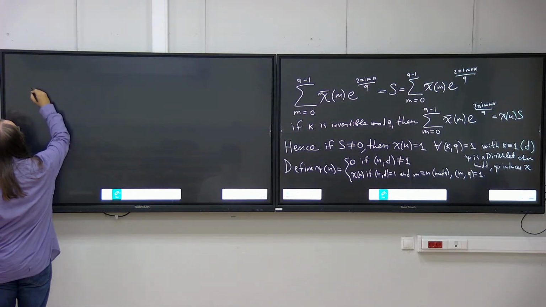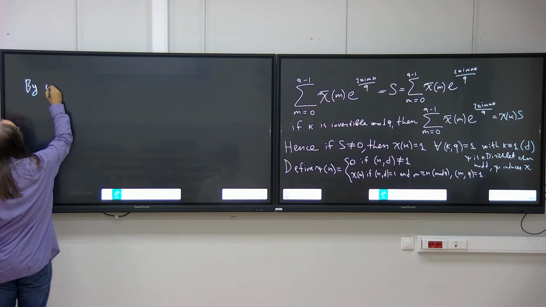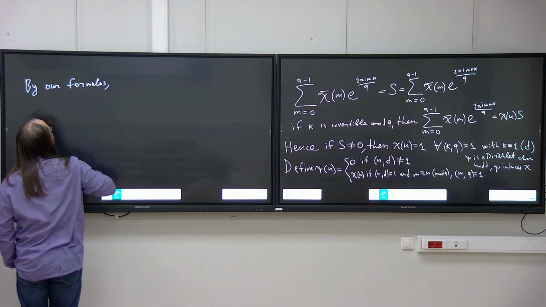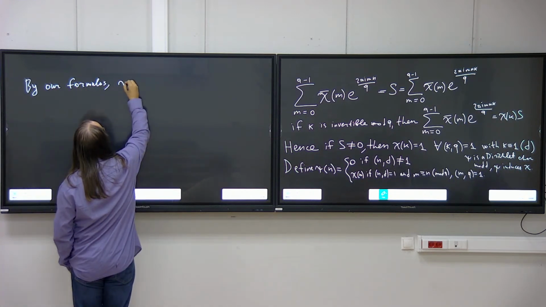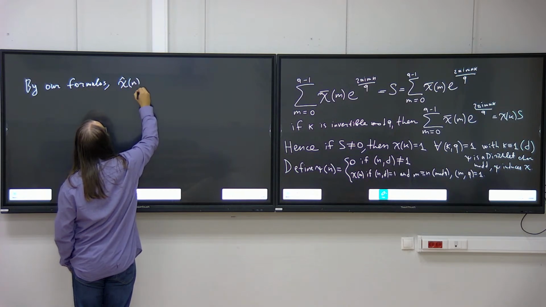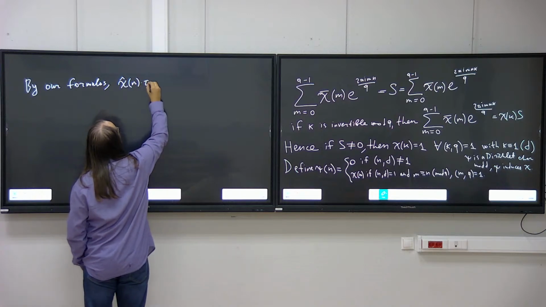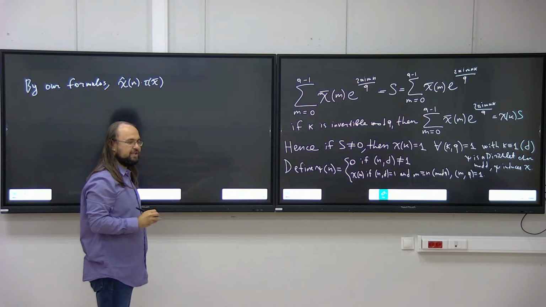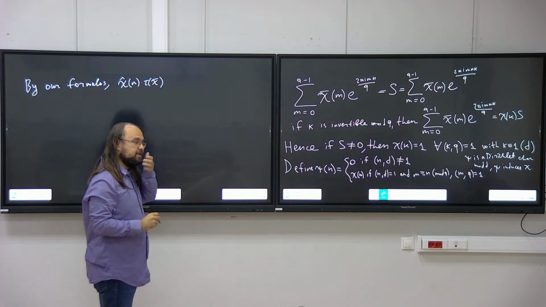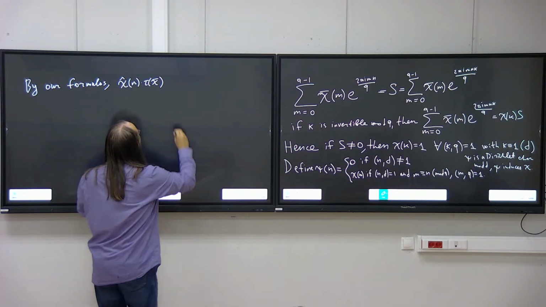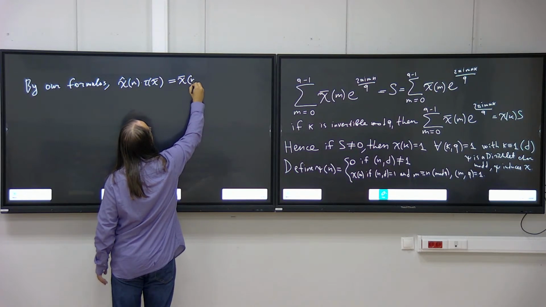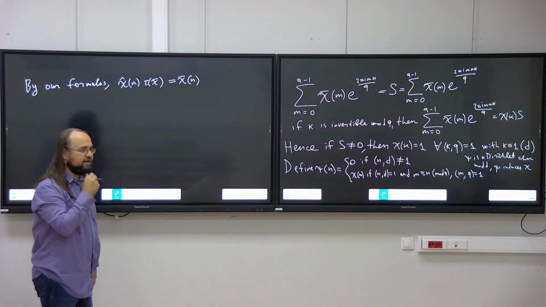So by our formulas, the Fourier transform of chi of n multiplied by tau of chi bar is equal to chi bar of n, right?